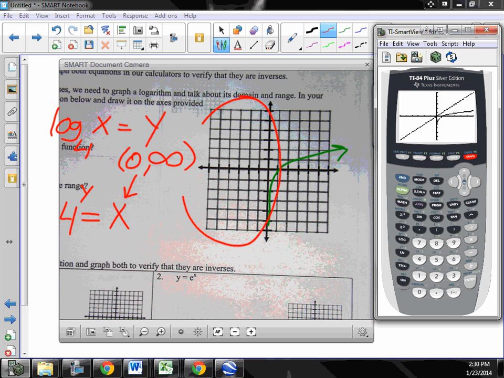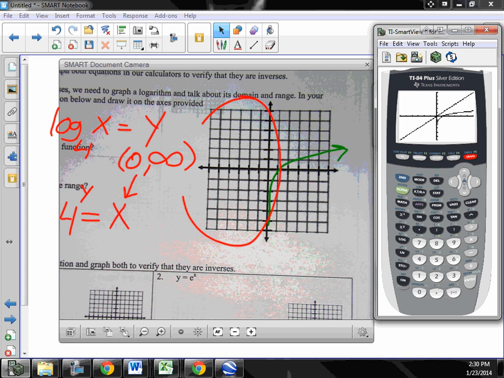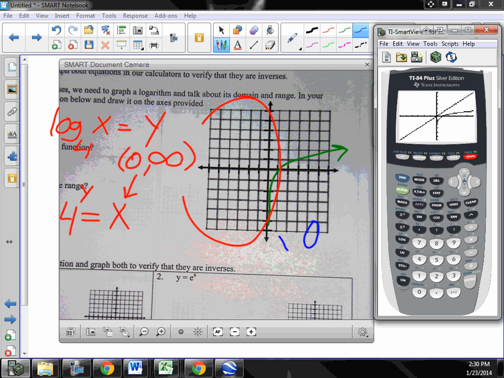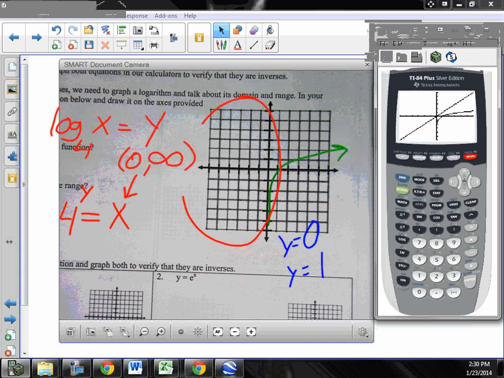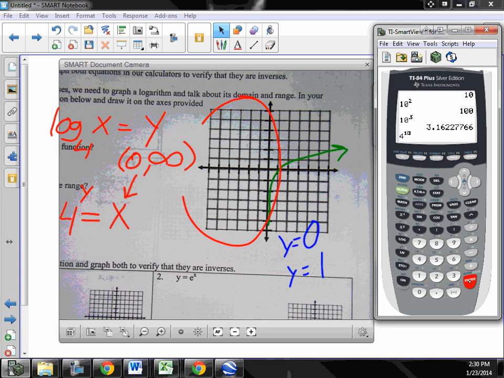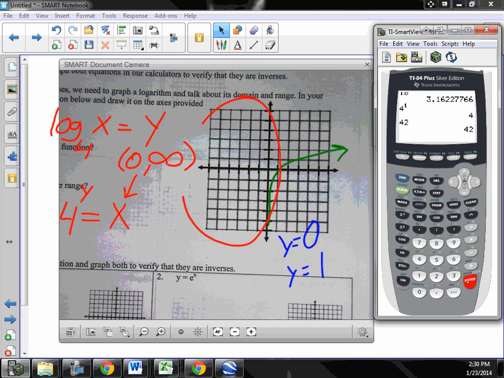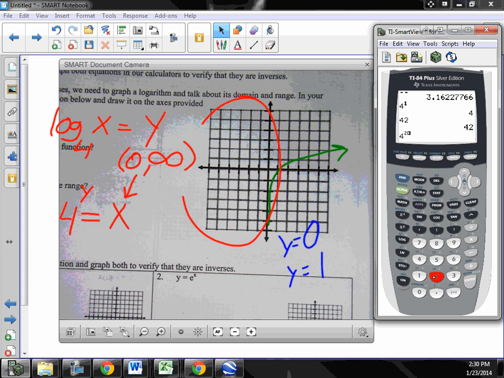Okay, so I'm hearing when y equals 0 and when y equals 1, and those are the two breaking points. So let's just explore both sets. So 4 to the first, no surprise there. 4 squared, 16.